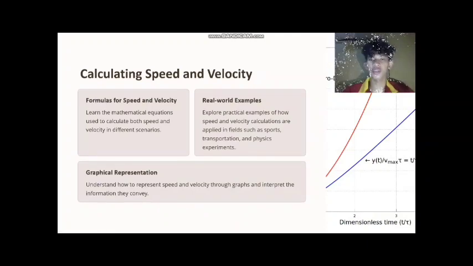Calculating speed and velocity. Formulas for speed and velocity. Learn the mathematical equations used to calculate both speed and velocity in different scenarios. Real-world examples.